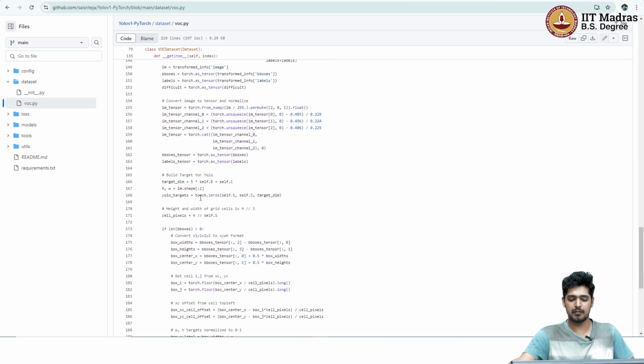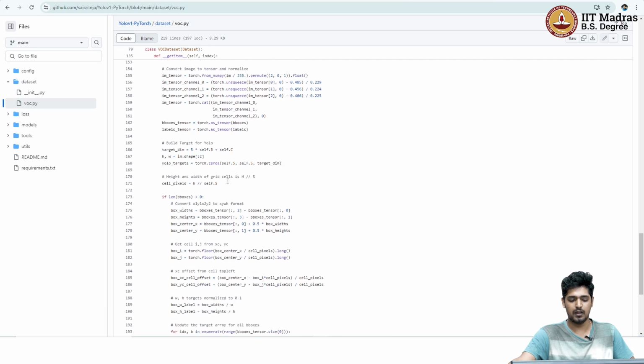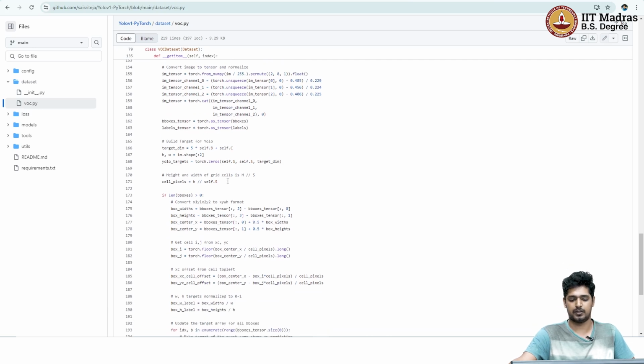I'm also building my target dimensions as shown in the paper, 5 numbers per box and C standing for the number of classes as well. That's how the architecture is meant to be built. So I'm designing this in the data loader itself, so it would be easy when calculating my losses further during the training phase.